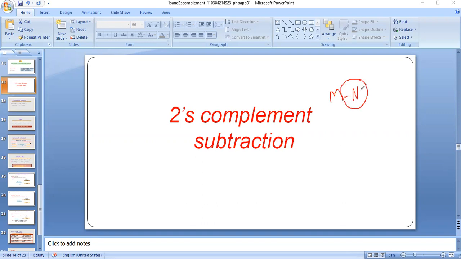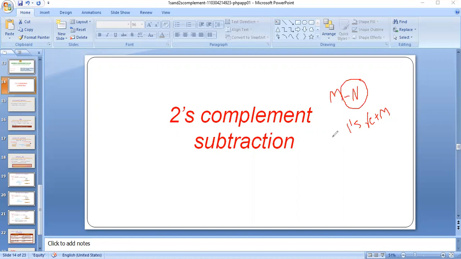After finding the one's complement of the subtrahend, we have to add the one's complement result to the minuend.